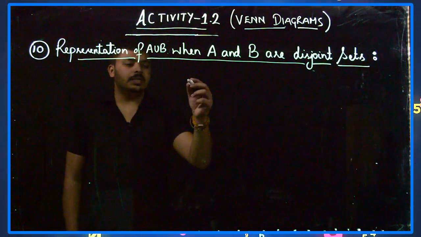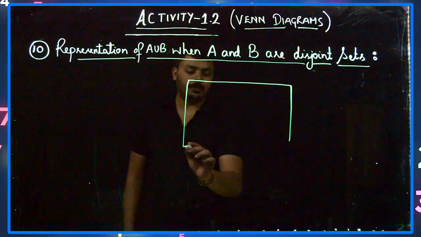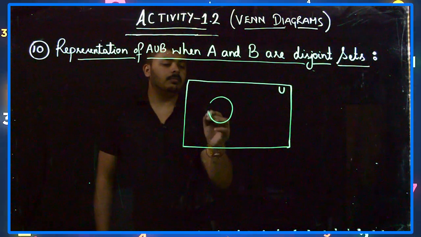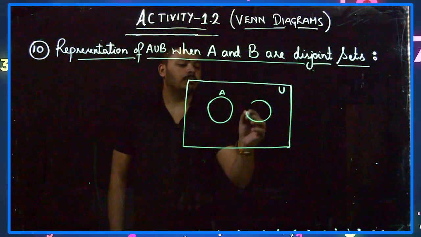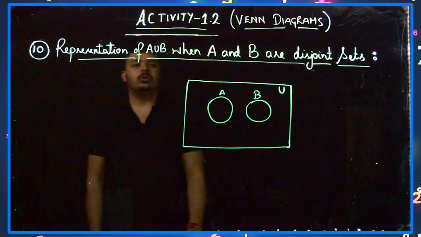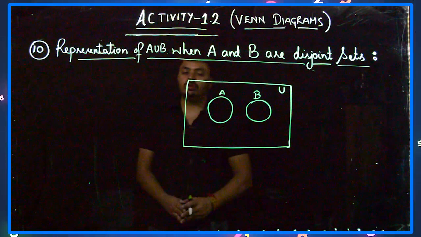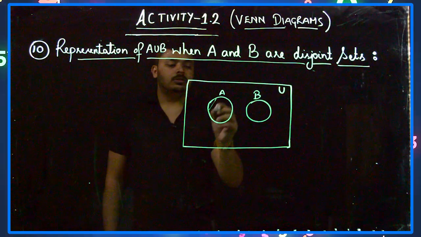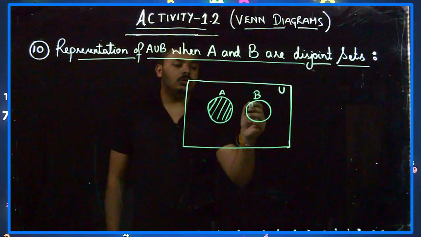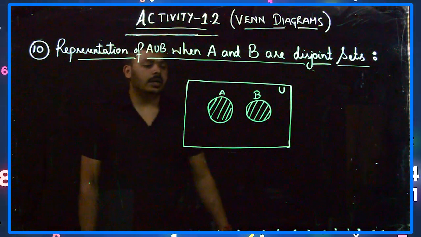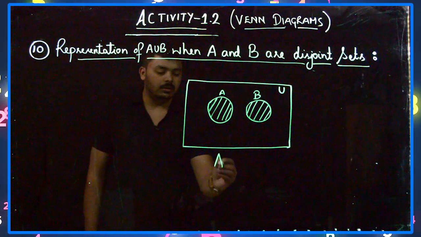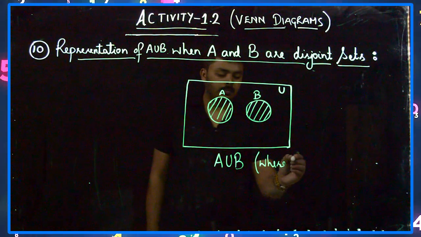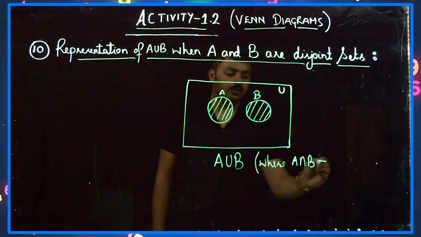Now our 10th point is representation of A union B when A and B are disjoint sets. So now let's represent it using a Venn diagram. So this is a universal set and two disjoint sets A and B. So A union B means all the elements of set A and set B. Since the two are disjoint sets, A union B will be all the elements of set A and set B. So this is A union B, where A intersection B is equal to empty set.